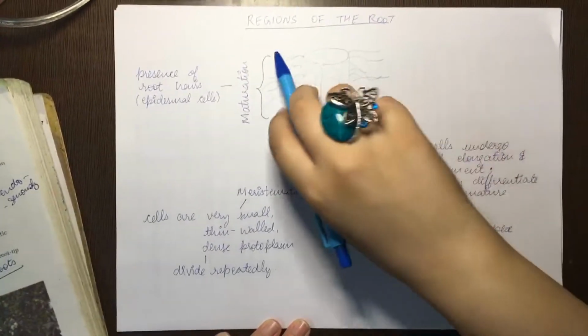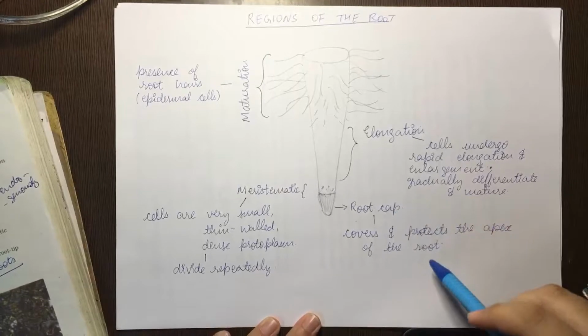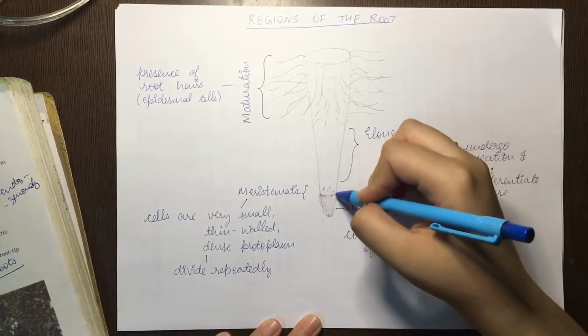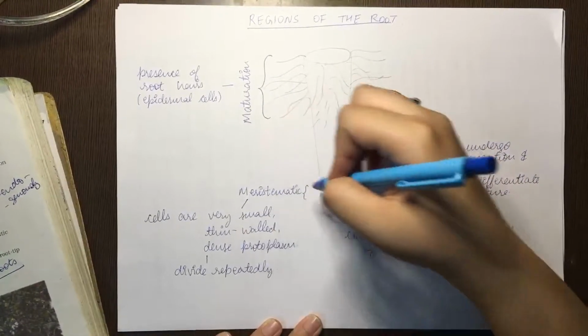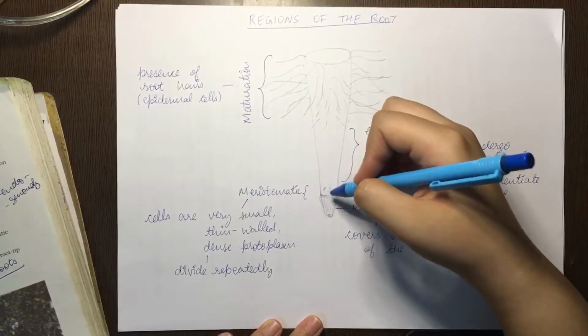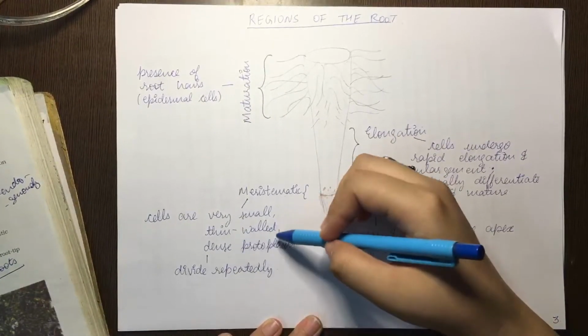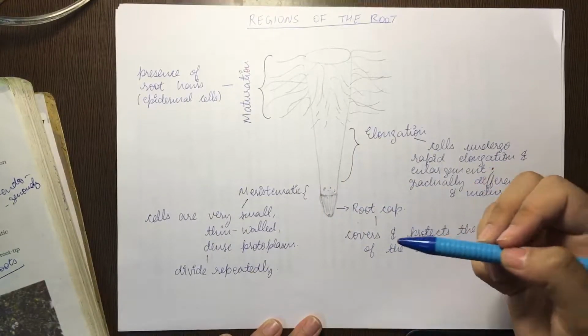We move on to the regions of the root. First is the root cap, which covers and protects the apex of the root. This is the apex and the root cap is here. Next is the meristematic zone above the root cap, where cells are very small, thin-walled, and have dense protoplasm, and they divide very repeatedly.